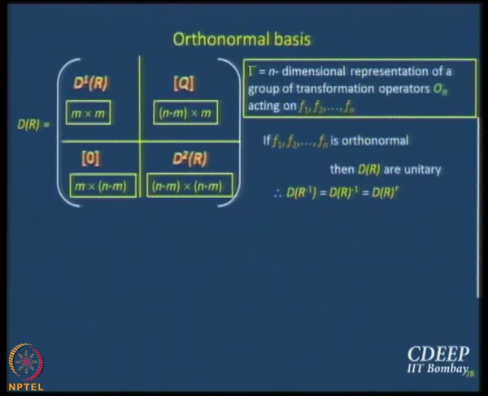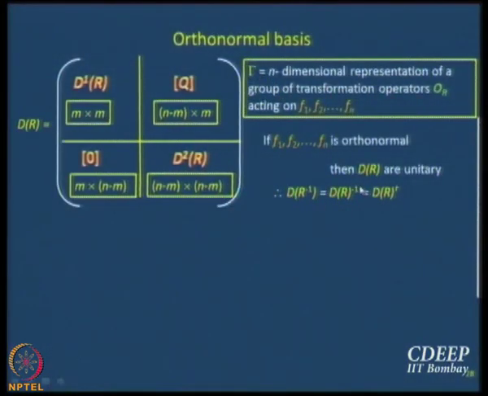So if DRs are unitary, then you know what that means. D of R inverse. What is D of R inverse? The transformation matrix of the inverse of R, the inverse operation of R. So if you are talking about a C3 rotation, then it is C3 minus rotation or C3 square rotation, fine.